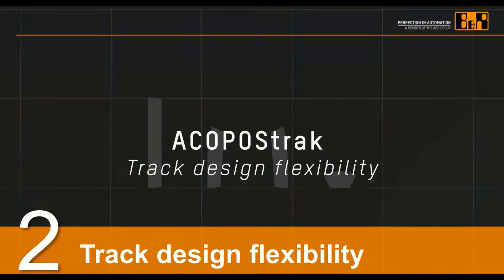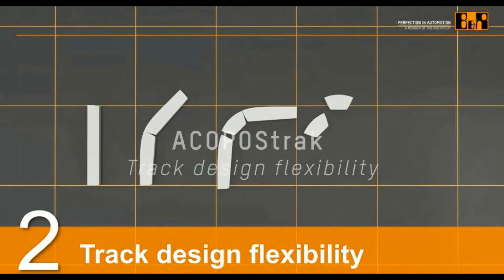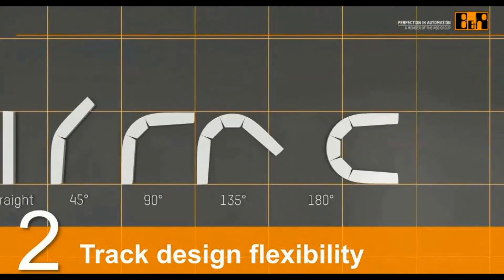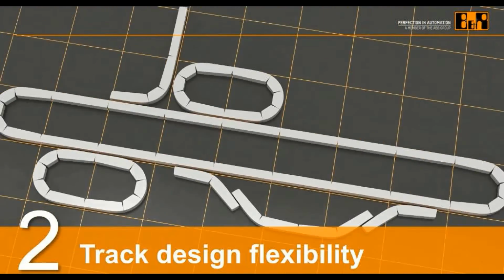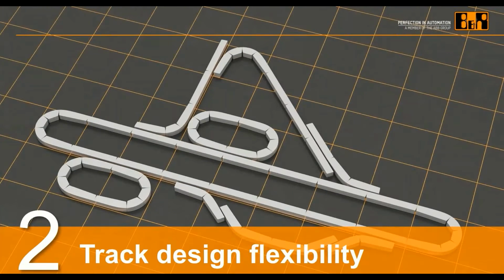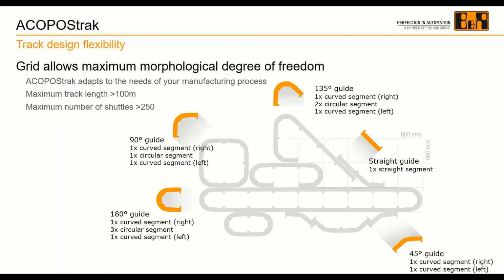Another very important feature is the flexible track design. So as you can see in this video, with just a few components of track, we can actually make a very scalable and very flexible machine design, as opposed to having to create the machine design around the transport system.